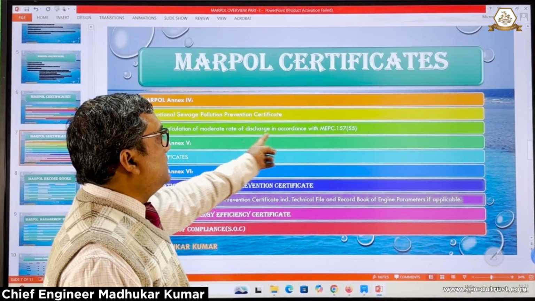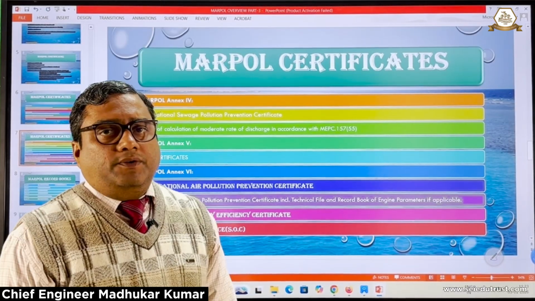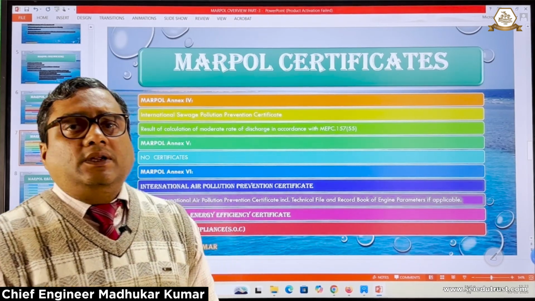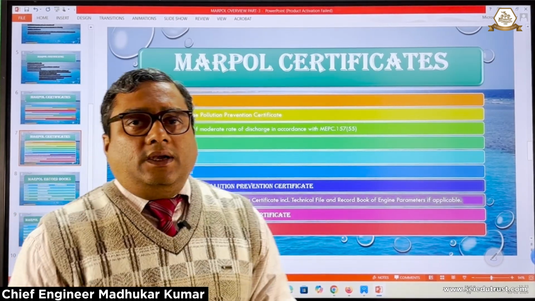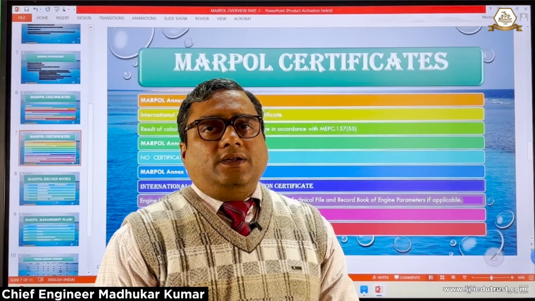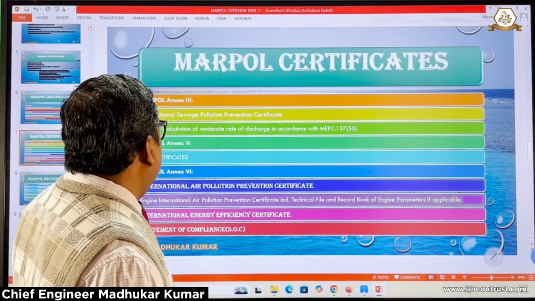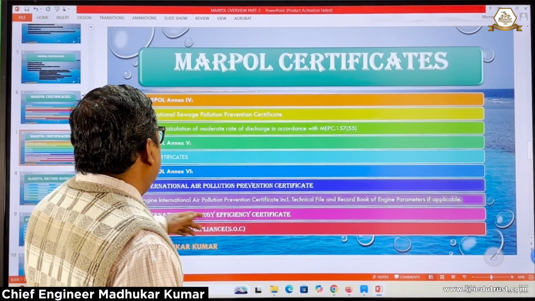That is as per MEPC 157/55. If you are more interested, you can go to that MEPC and find out the complete detail of it. Okay. Next, Annex 5, no certificates are there.